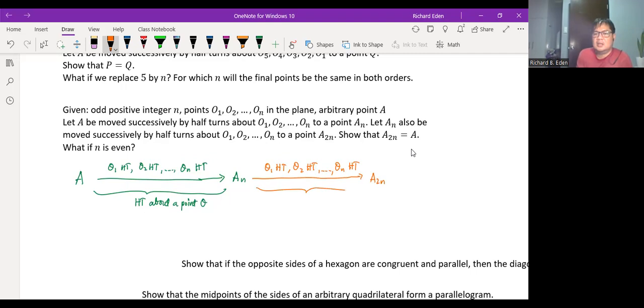But then, as you said, when you perform these half turns and there's an odd number of them, the result is a half turn, a different half turn about a particular point. What is that point? O. Is it the same point O as the one on the left? Or is it possibly different?